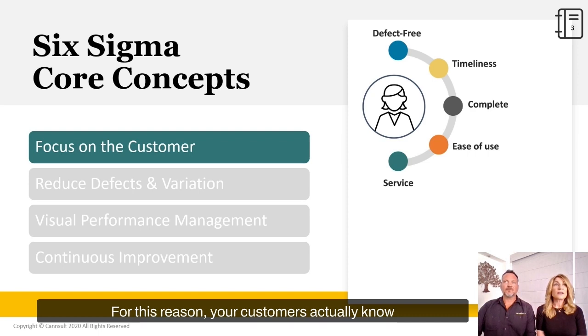For this reason, your customers actually know more about your process and what it needs to deliver than you do. You can't define it apart from your customers. What's a defect? What's considered on time? What does easy to use mean? These are all aspects of your process that we must understand from our customer so that we can prioritize our opportunities for improvement.